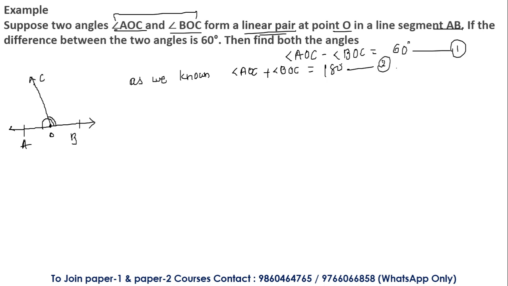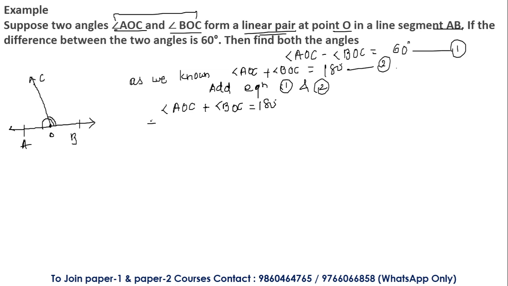If I add both these equations, adding equation 1 and 2 to each other, I hope you are understanding my handwriting. Now look here, how I'm going to add it. Angle AOC plus angle BOC is equal to 180 degrees, this was equation number 2.